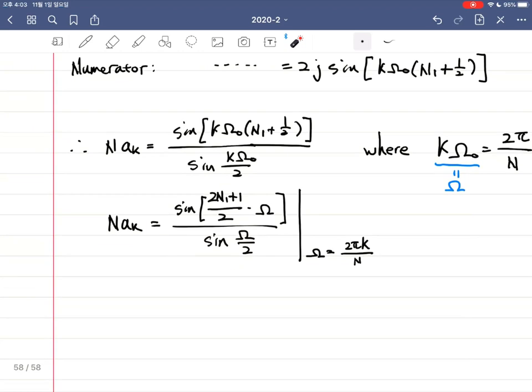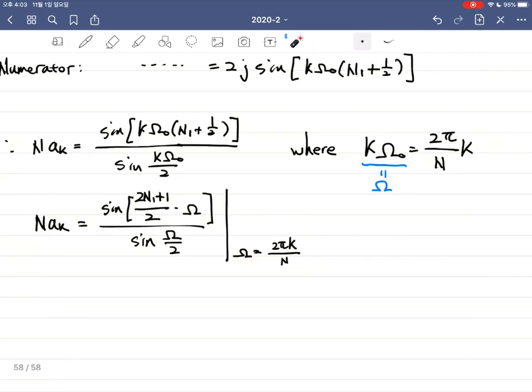So what does it mean to have k times omega 0 as omega? It means that you can only insert the values which are harmonically related frequencies for this omega.